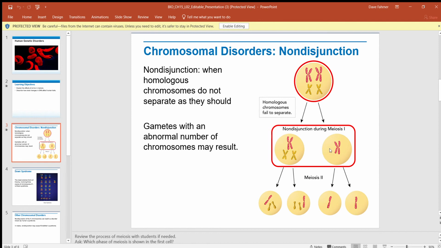So the result on the second division is that these cells will have one member of each of the chromosome pairs, except for the yellow chromosomes, which it will have none. So if these gametes are used in fertilization, that individual will be missing a chromosome. It'll be missing in this case, the yellow chromosome.